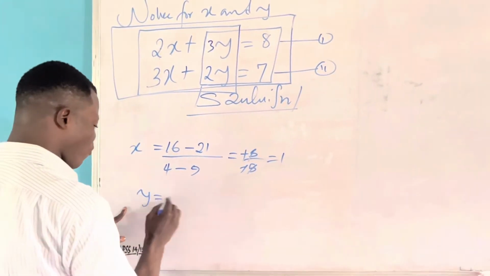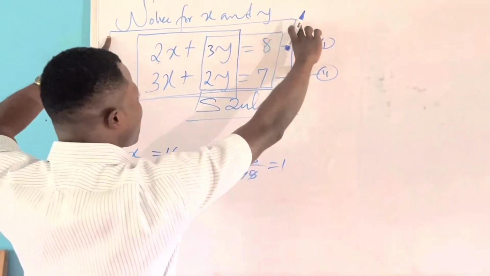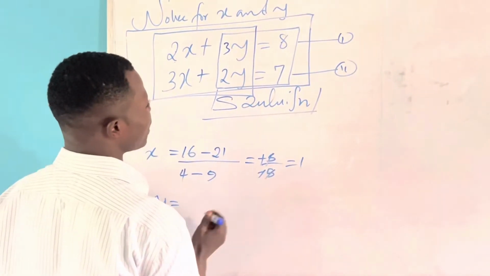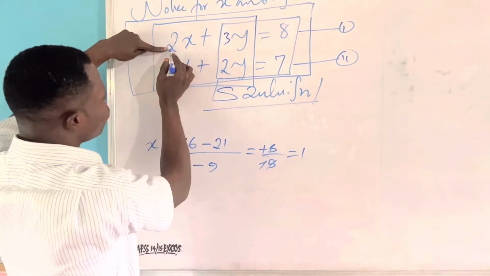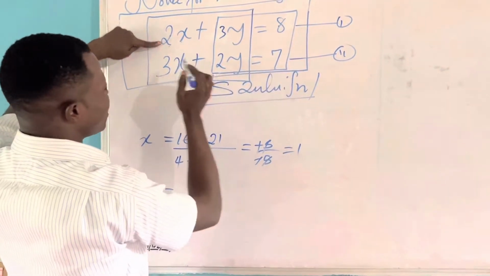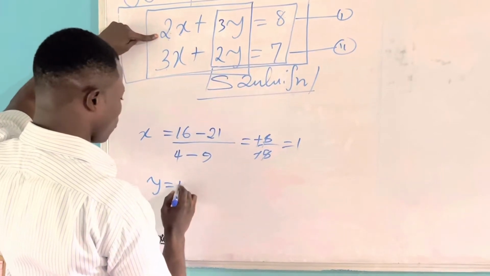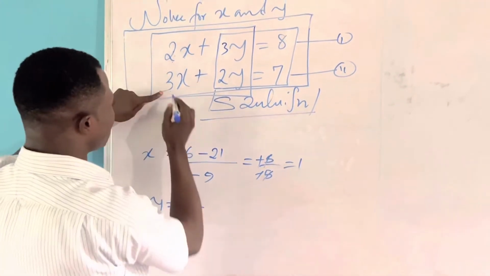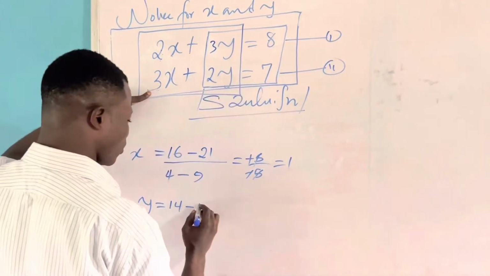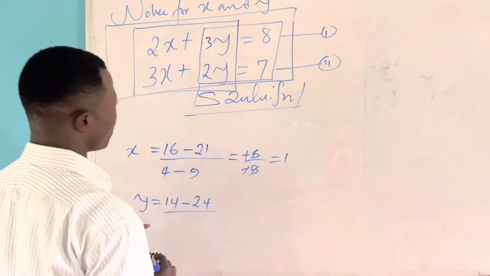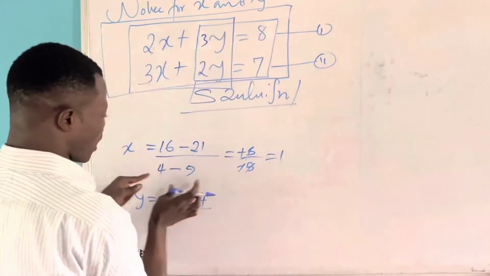To get the value of y, I will now use the entire bracket here. That is, I'm using 2 to multiply this, then this to multiply this. 2 times 7 will give us 14 minus 3 times 8 will give us 24, all over. So I'm using the second bracket as well.